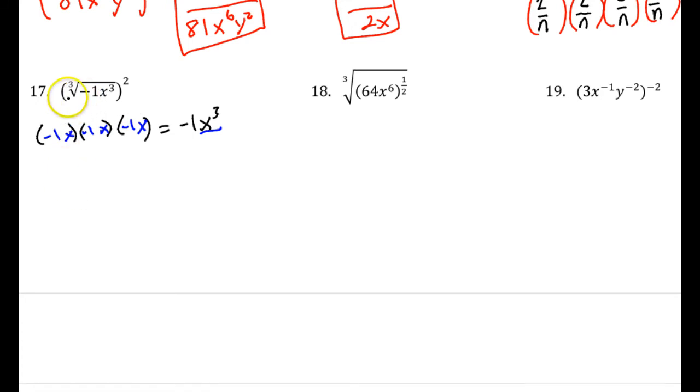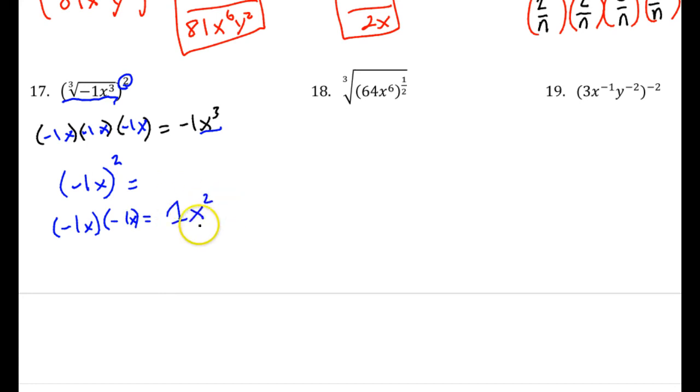So we know that this part equals negative 1x, and then we'll need to square it last. So we have negative 1x, square that, so that's negative 1x times negative 1x, which equals 1x squared, or just x squared. Simplify all the way.